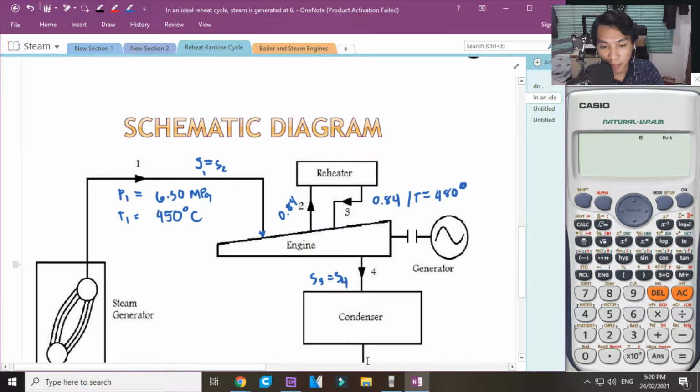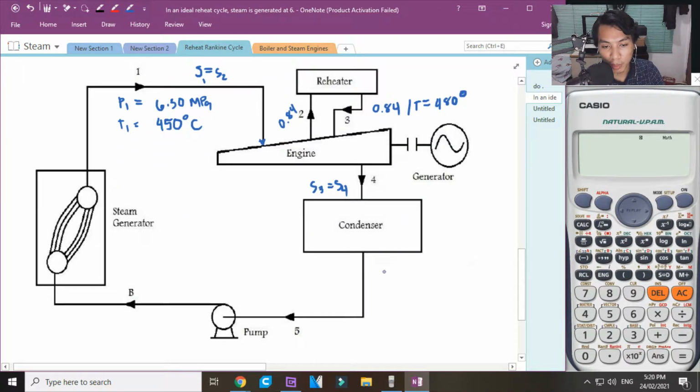And then, pagdating ng condenser mo, meron tayong pressure 4 at condenser or pressure 5 at condenser. Pressure 5 at condenser is 0.0, ano ba yan? 0.2 MPa.